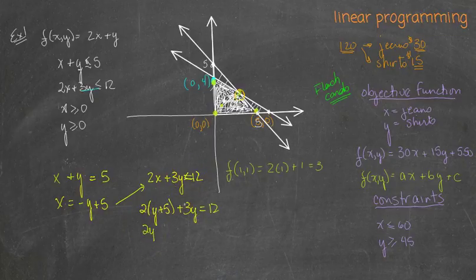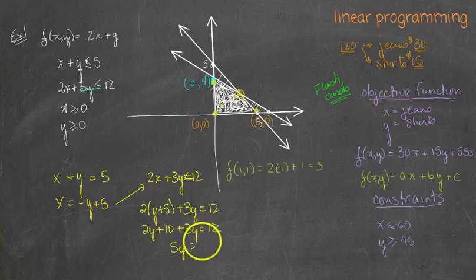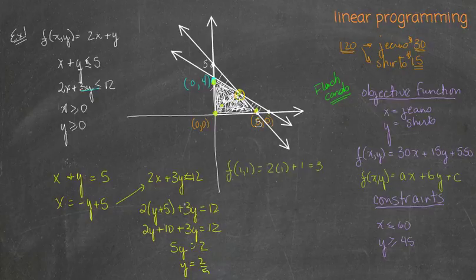So I have 2y plus 10 plus 3y equals 12. Combining 2y and 3y, I get 5y. And then subtracting 10, I get 2. So y equals 2/5.